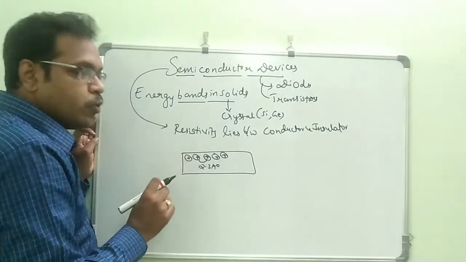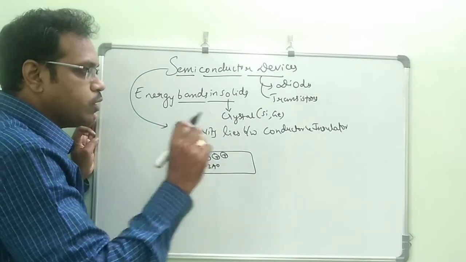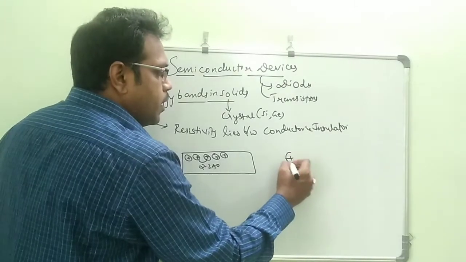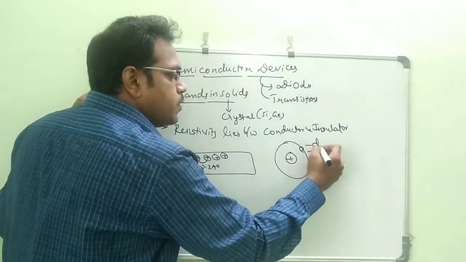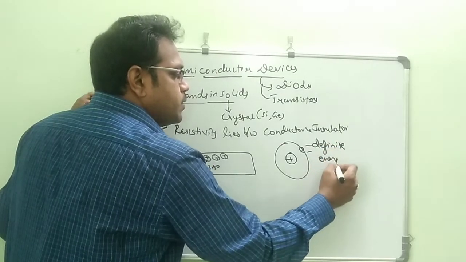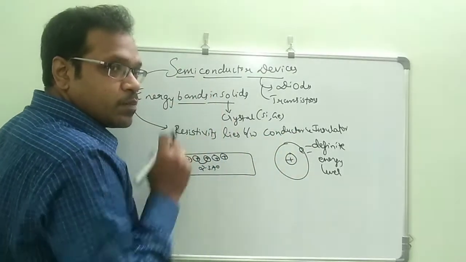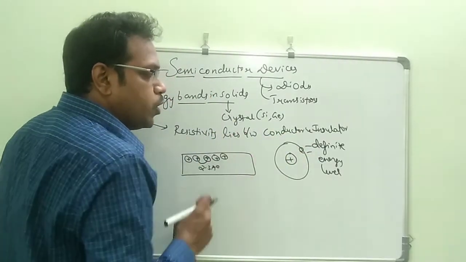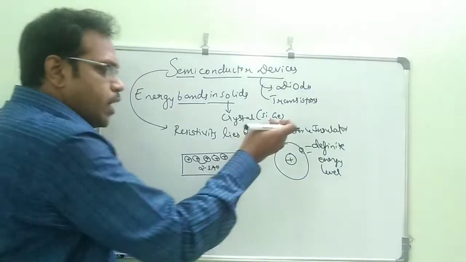Now suppose you take a single isolated atom. It contains electrons, and these electrons have definite energy levels, because according to the atoms lesson, electrons revolving around the nucleus have some energy level.